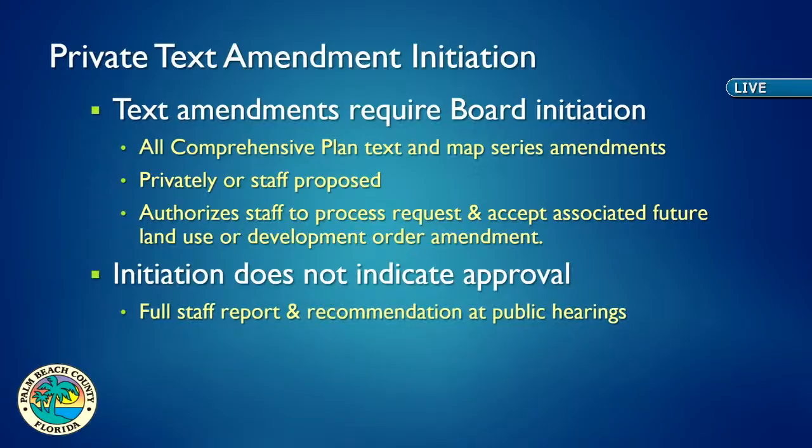These text and map series amendments can be proposed by staff or privately proposed. Should the BCC initiate this proposed amendment for Phase 2, then staff will process the request and accept the associated development order, and then return through the public hearing process with a full staff report and recommendation at future public hearings.